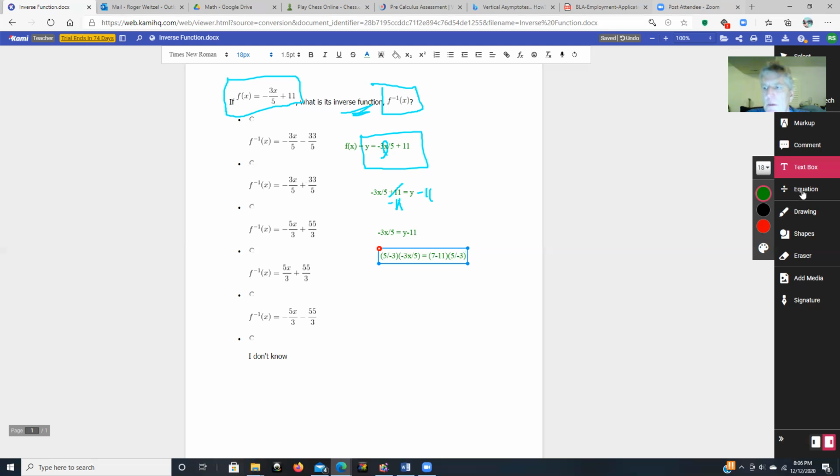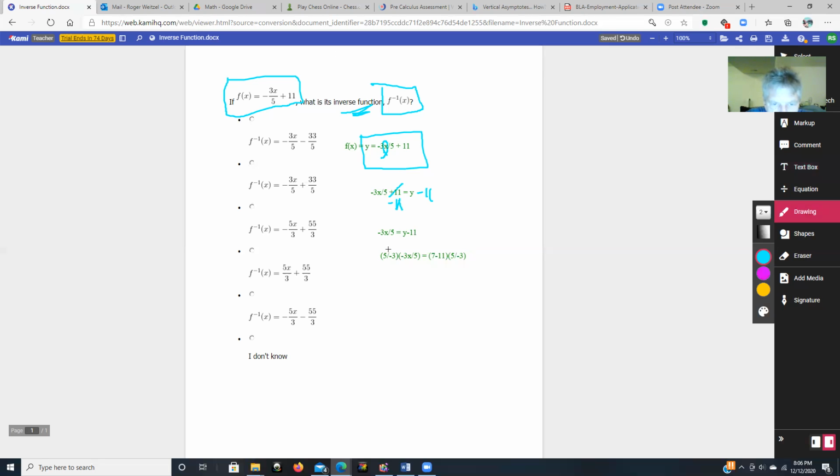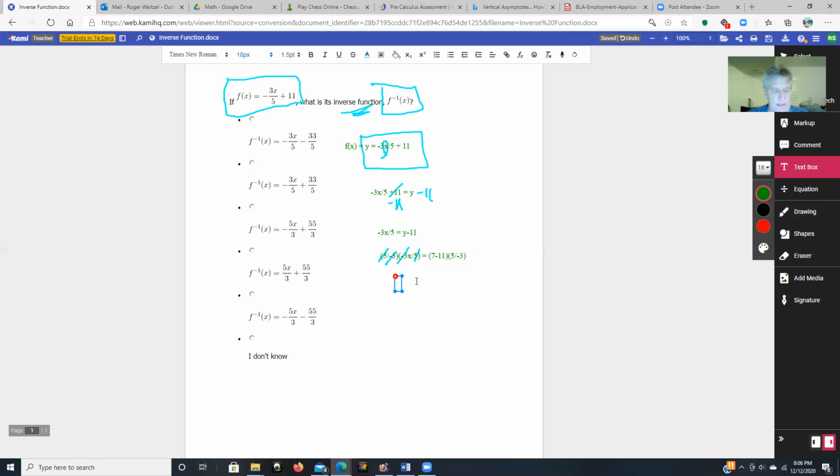All right, so we see that the 5 cancels the 5, and the 3 cancels the 3. So we ended up with what we wanted, which was x on this side by itself. We are going to set that equal to this quantity here.